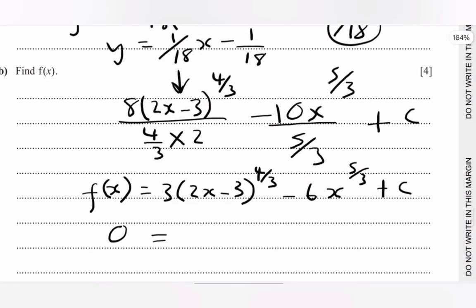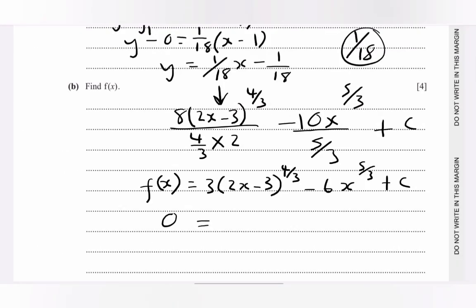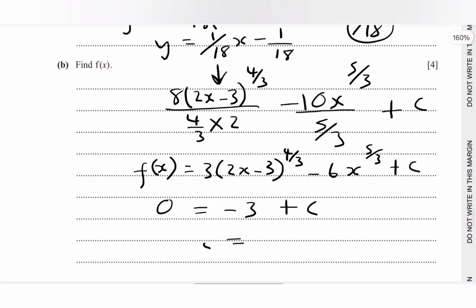So substituting 1, 3 times 2 minus 1, that's your minus 1. Then minus 6 times minus 1 to the power of 5 over 3, like that. We get minus 3 plus c, and so our c will be 3.